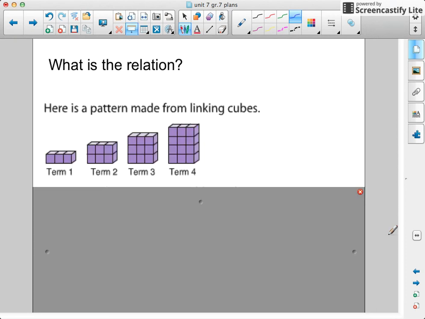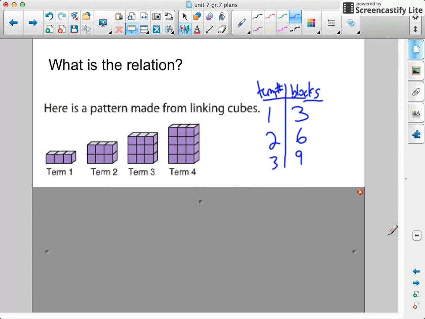Okay, you can also do terms or relations with patterns. So I would want to create a table of values. Term number and blocks. So for term number 1, I have 3 blocks. 2 is 6, 3 is 9, and so forth.